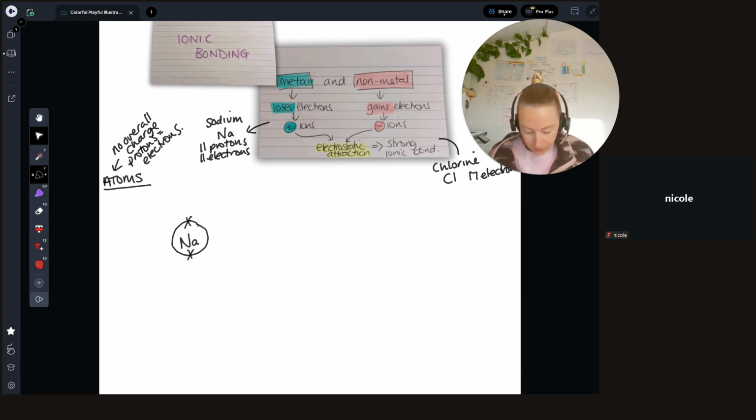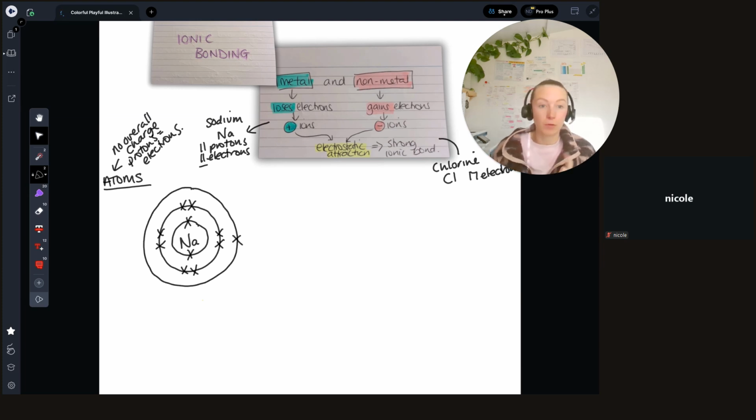We've already said it's got 11 electrons. So in the first shell, we're going to have 2. In the next shell, there's room for 8. And in the next shell, there is room for 8, but we've only got 1 left. So there's 11 electrons there. The configuration is 2 in the first shell, then 8, and then 1.